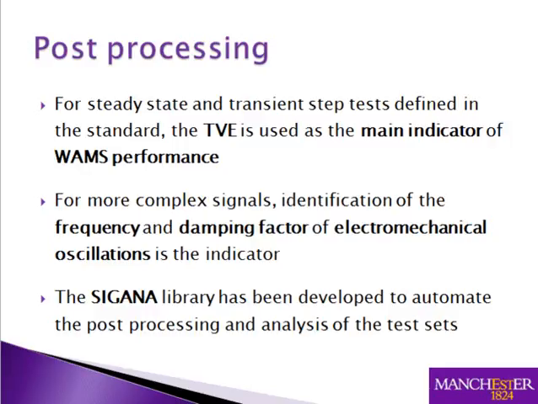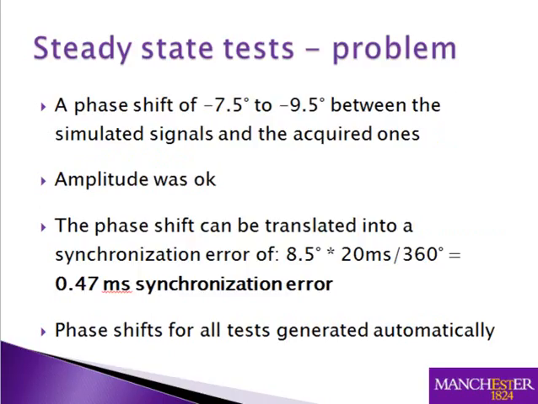For example, it came in really handy because we had a problem, as you can see now, with the steady state tests. I mean, with basically all the standard tests, all the tests defined in the standard, because we kept getting a phase shift between the simulated values and the acquired values of somewhere between -7.5 to -9.5 degrees.